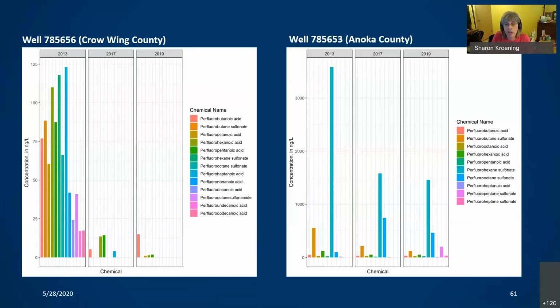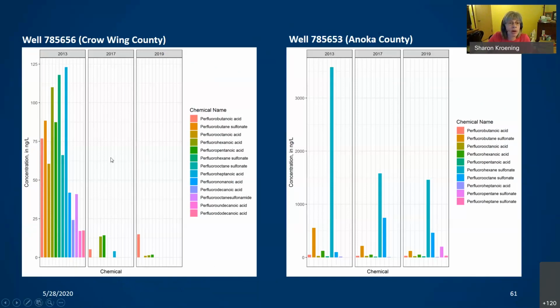We've age dated some of it using sensitive techniques like sulfur hexafluoride or tritium helium age dating, and we found some of this water can be months old. So it's not surprising that we can see drastic changes in the numbers and concentrations of PFAS that we've monitored in these wells.